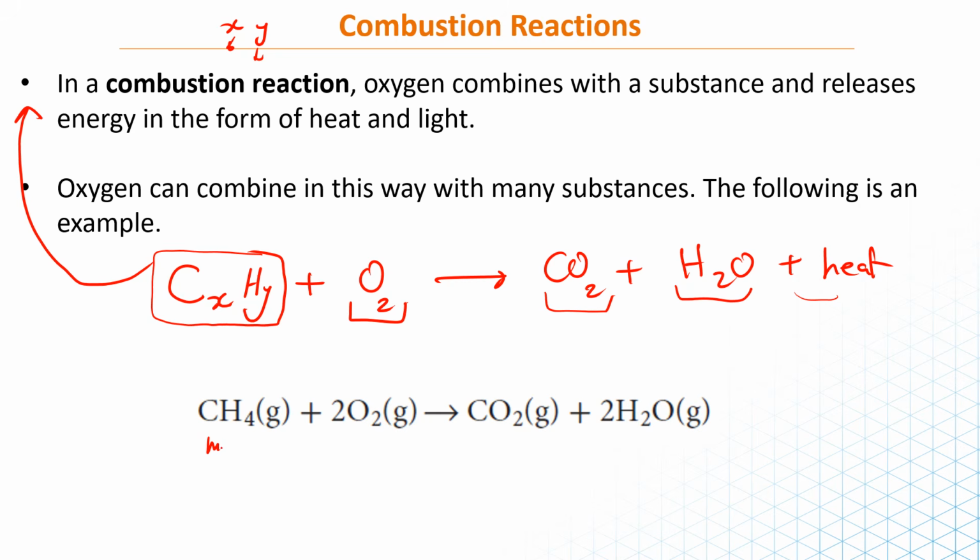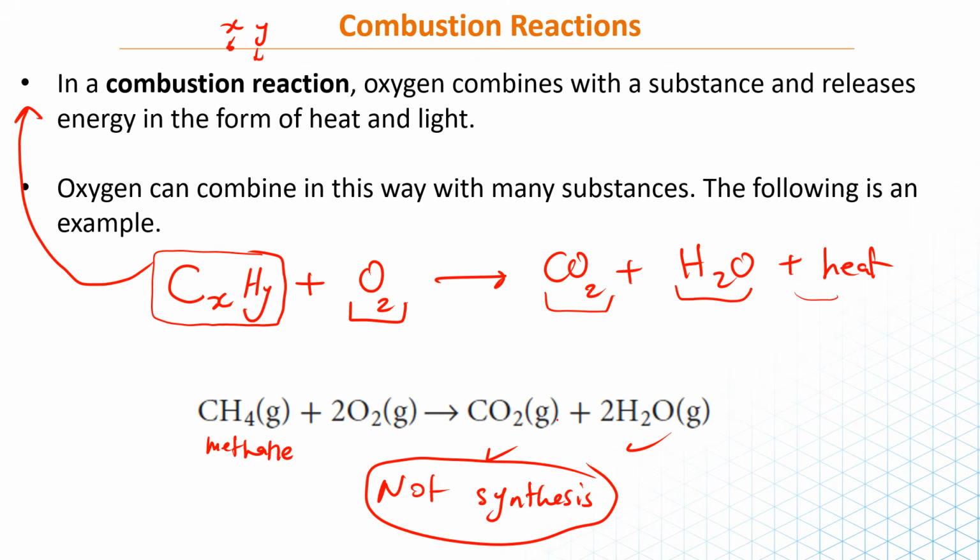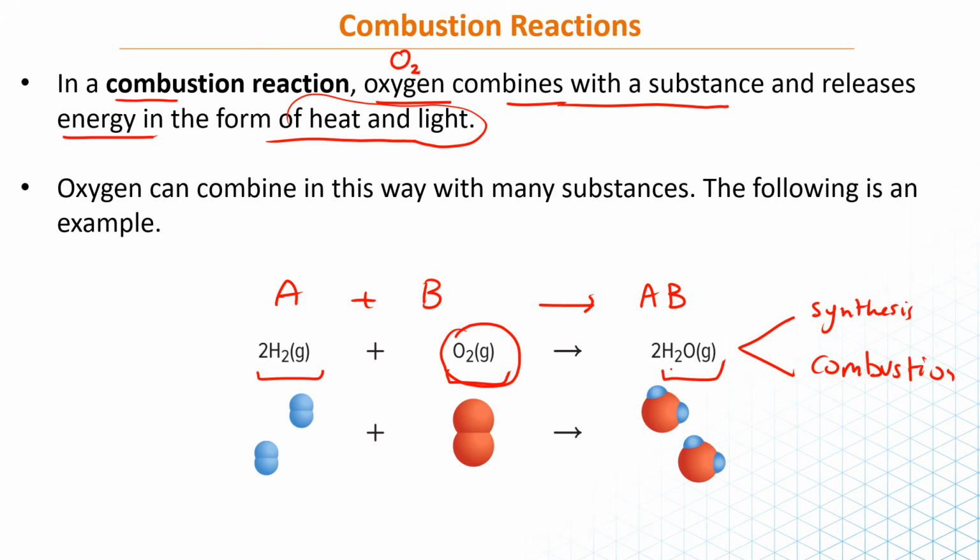And this is an example, guys. This is methane, the cooking gas. In the stove, when you try to make fire, this is what happens. And you get CO2 and H2O. So this is a combustion reaction. This is not synthesis, because we have more than one product. In the previous one, we have only one product. That's why it's synthesis.